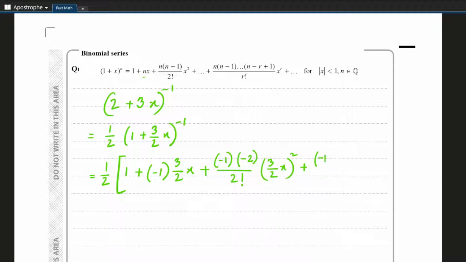Similarly, minus 1, n minus 1, n minus 2 over 3 factorial, 3 over 2x whole cube.